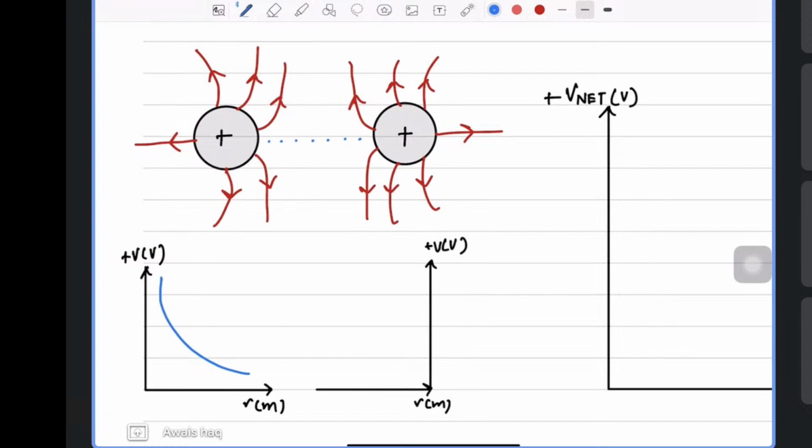And then when it enters the field of the other positive, the potential will become more positive again. So it becomes less positive and then it becomes more positive as it approaches another positive charge. So that should be your thinking about it. Is it clear, everyone? Okay.